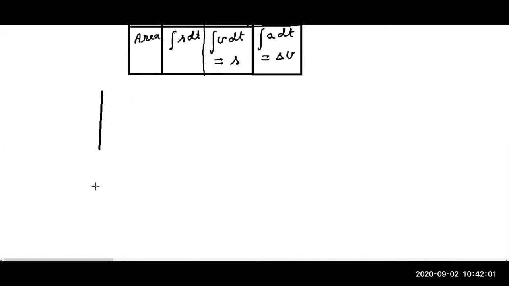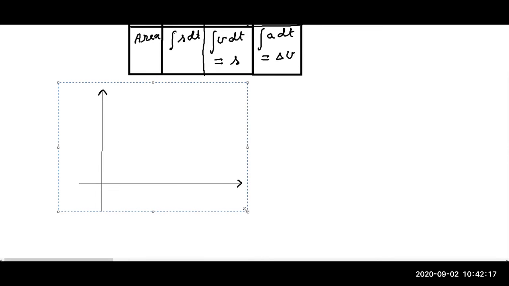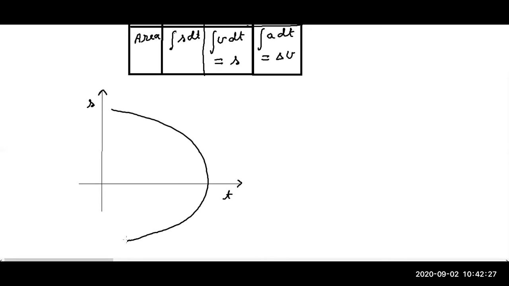Suppose we have this graph. Suppose we write an ST graph, given like this. So is it possible for ST to be like this?